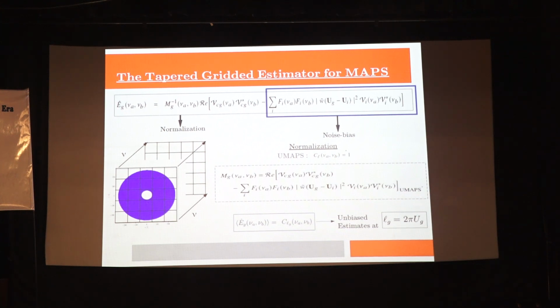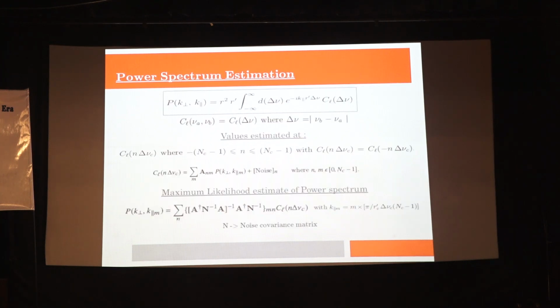So we generate multiple realizations of these U maps, simulate the visibilities corresponding to those U maps, and then apply our estimator identical to what we do on the actual visibility data to calculate the value of M_g. The ensemble average of this estimator gives us an unbiased estimate of the multi-frequency angular power spectrum at a multipole L_g, where L_g is equal to 2 pi U_g, and U_g are these different grid points.